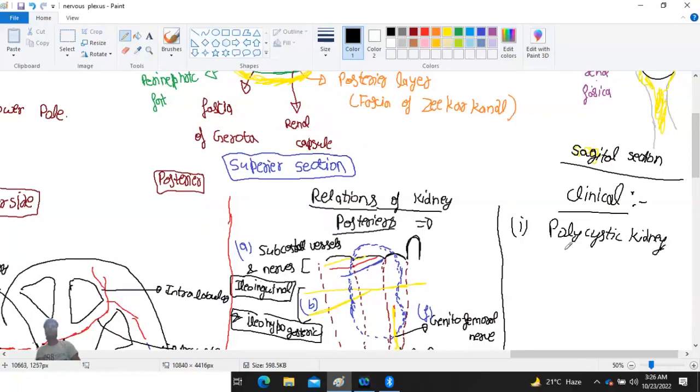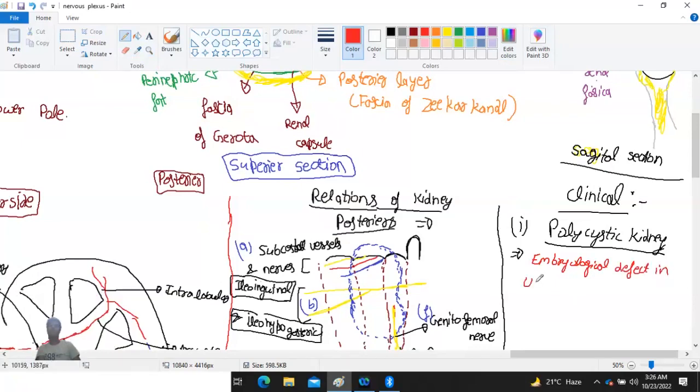Polycystic kidney is an embryological defect in which the ureter and metanephroblastoma are not fused. Remember, embryological defect.